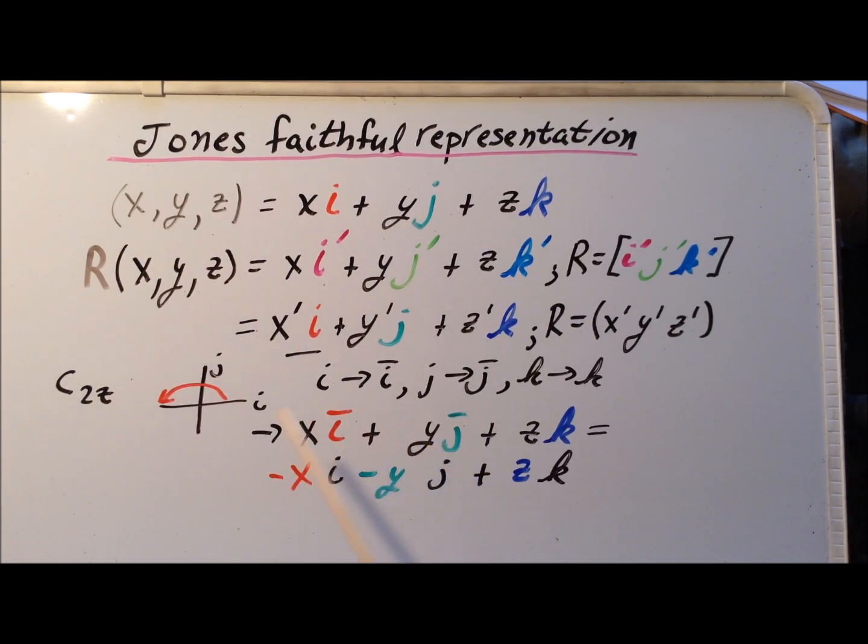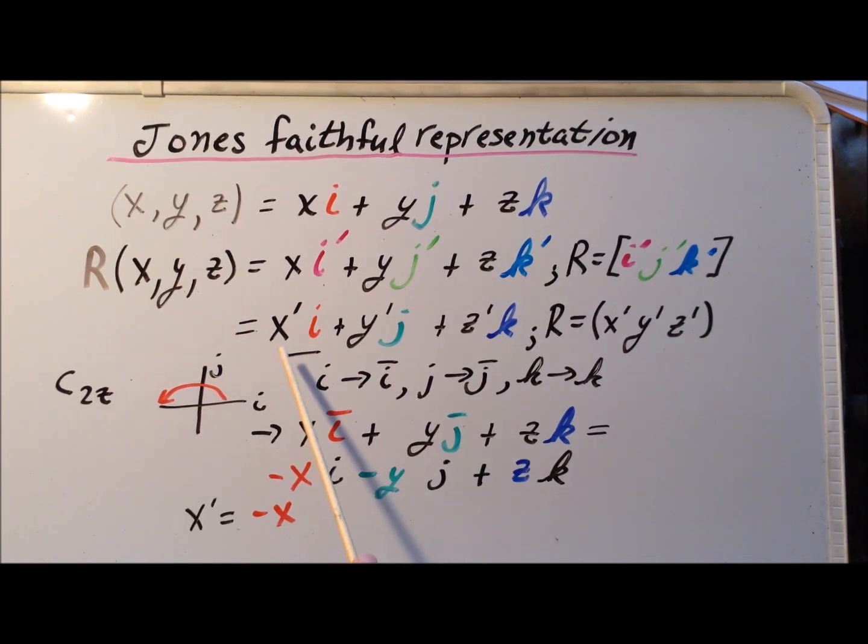First step is to rewrite what we already have in a slightly more suggestive way. So now that I have it as minus x times i, minus y times j, plus z times k, it is helpful to write it in such a form that we have i, j, and k clearly delineated from each other and written from left to right.